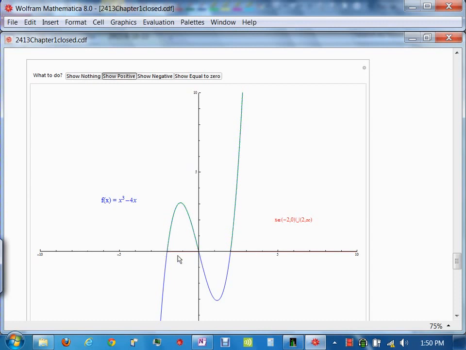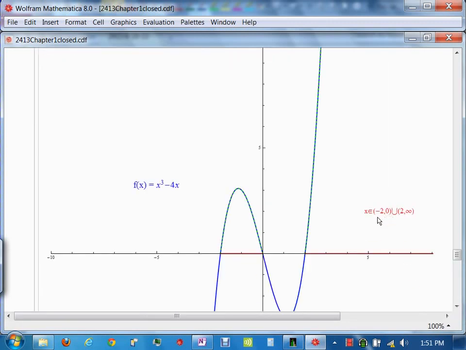And then what I did is I put the interval in red over here. And man, that's really hard to see. I'm going to blow this up just so you can see it. That interval right there, that's the way you write it. x is an element of parenthesis, -2 to 0, close parenthesis. What's this symbol? Union, parenthesis, 2 to infinity, parenthesis.